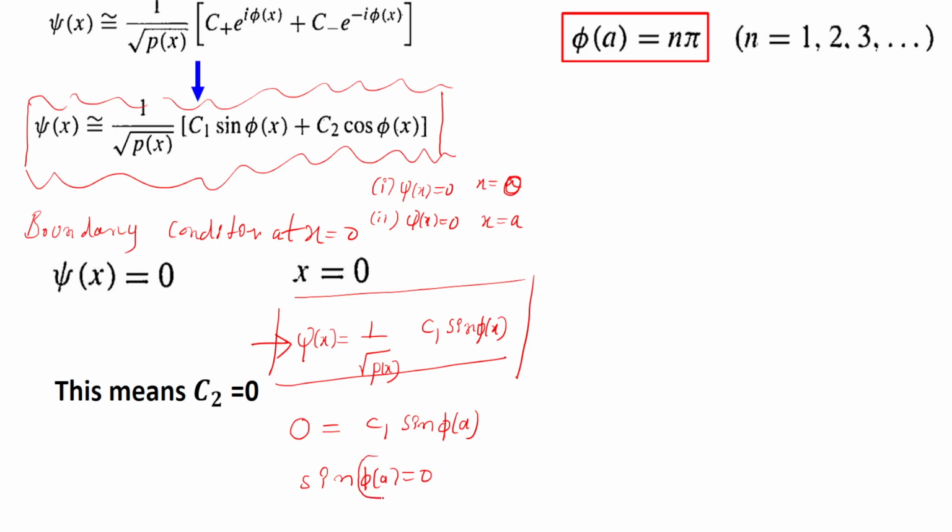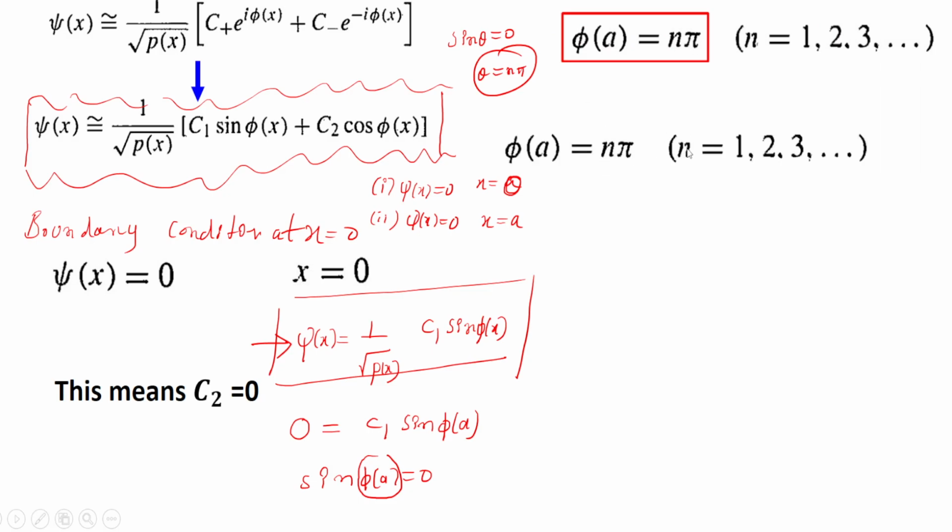If you consider this as theta, sin theta is equal to 0. When does it happen? For every n pi, sin theta equals 0. So theta is equal to n pi, which is why I'm using phi of a here. So phi of a equals n pi, where n equals 1, 2, 3, 4, and so on.